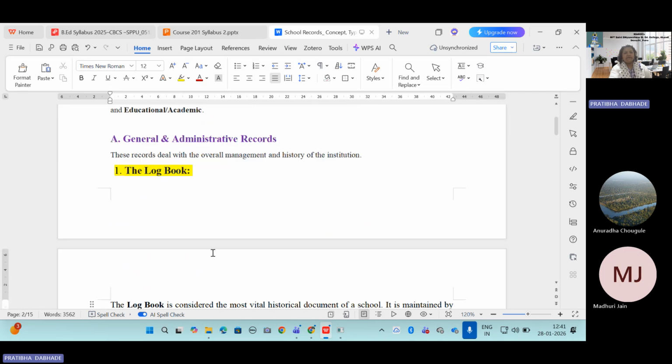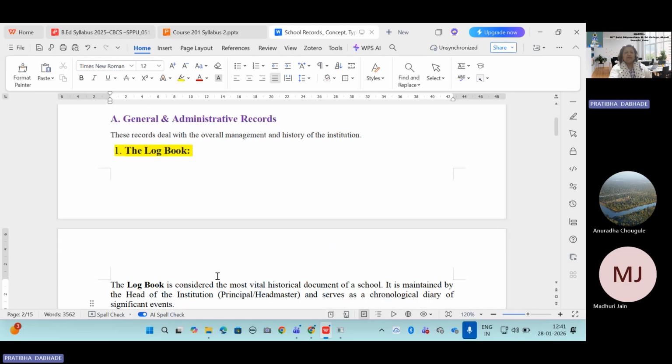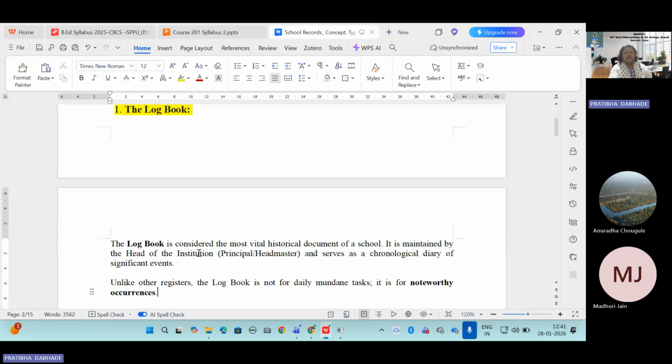These records deal with the overall management and history of the institution. What is there in the logbook? The logbook is considered the most vital, meaning important, historical document of a school. It is maintained by the head of the institution, the principal, and serves as a chronological diary of significant events.